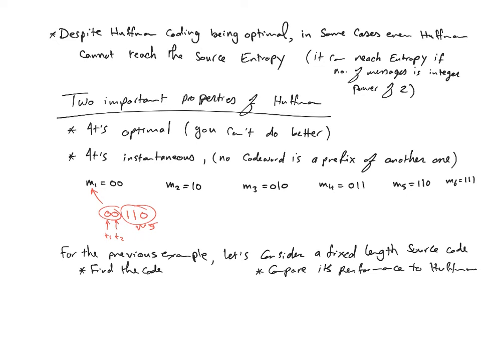What do we do? I don't care about probabilities. First of all, I need to figure out how many bits to use. So I don't care about probabilities, I only care about how many messages I have.